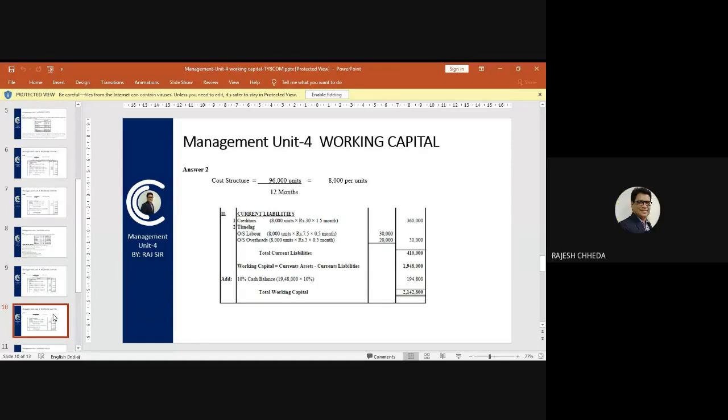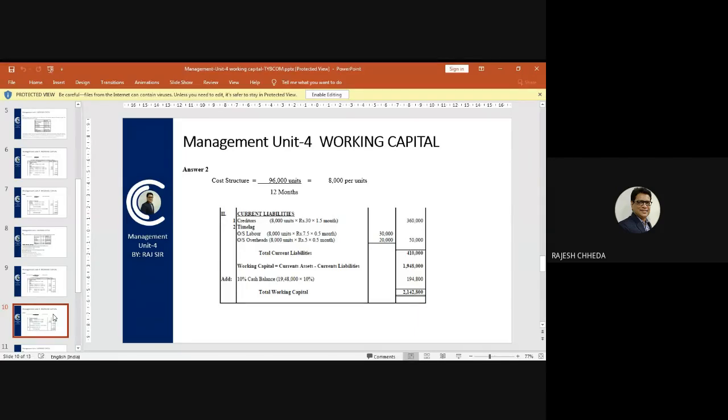And when you add that, your total is 21,42,800, which is my estimation of total working capital requirement in this case. This company will require 21,42,800 as the amount to be invested in working capital.